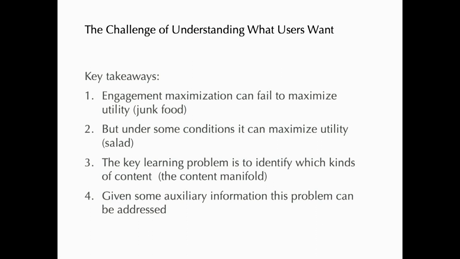For example, if you collect not just choice data, but also a little bit of user survey data. Not a lot, but just a little bit. You can combine large amounts of choice data with small amounts of user survey data to learn this manifold. That's just one example. I'm not going to go through it in detail, but does it kind of make sense to people? I don't know if you have questions about this, but this is giving you a flavor, in the time I have, of how importing some of these ideas could give you something.